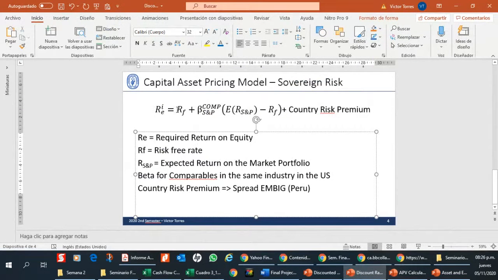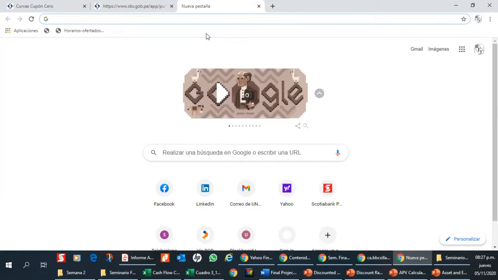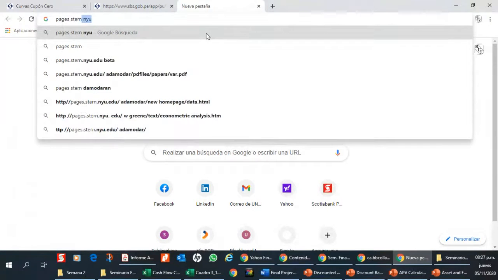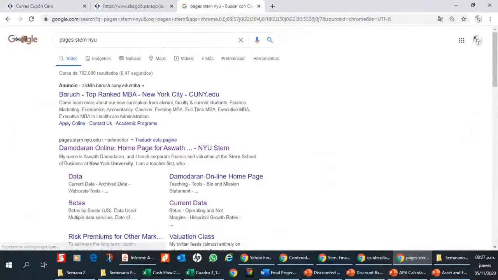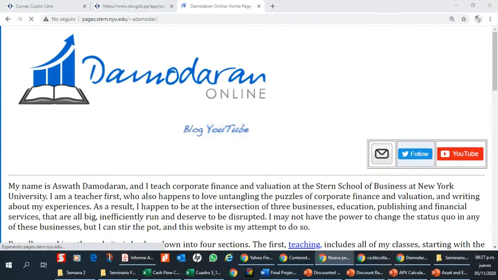Okay, so let me get back here for a minute. I want to go first to where you get the data. You're probably already familiar with some of this information that we're going to be touching base on. One of the first sources, obviously, is Damodaran, who has some information on his website that I wanted to highlight once more.